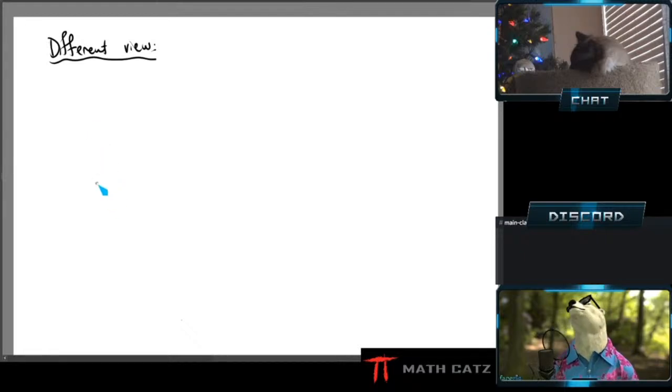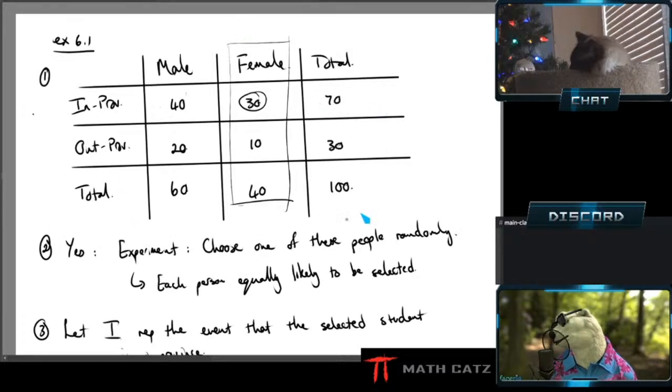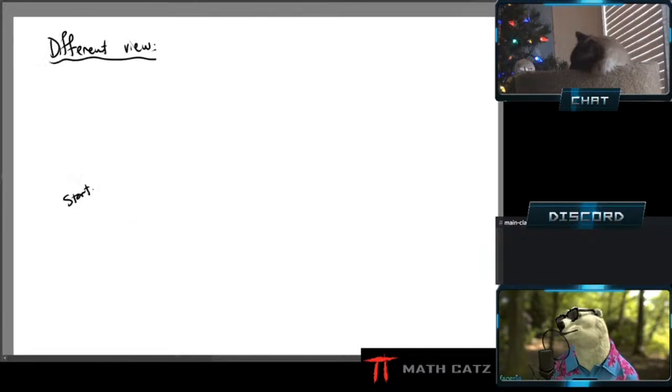So I want to think of it sort of as an action, as an experiment. I'm starting here. This is my start. I am now the selector. I am going to randomly choose a person from the 100. And I'm going to take note of their properties, but one at a time.